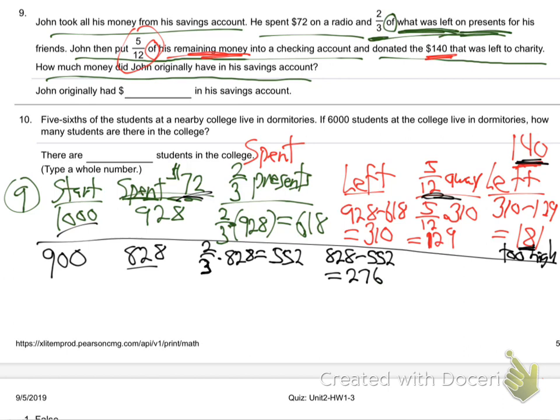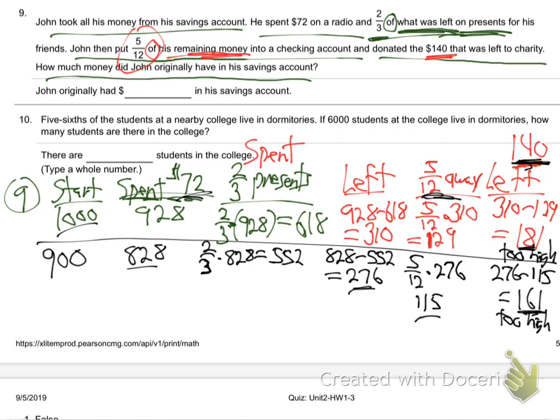And then he put 5/12 away. 5/12 times 276. I'm getting 115. He put 115 away. So then what's left? 276 minus 115. I'm getting 161.